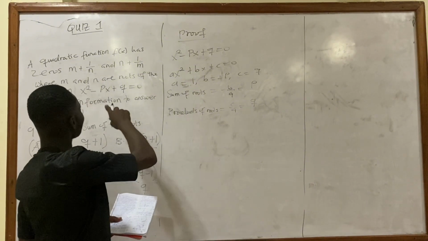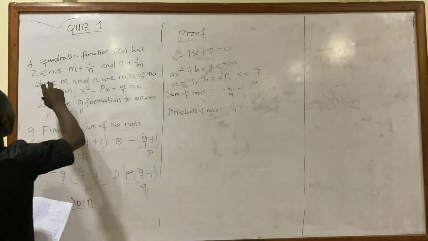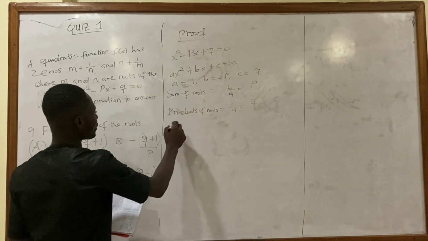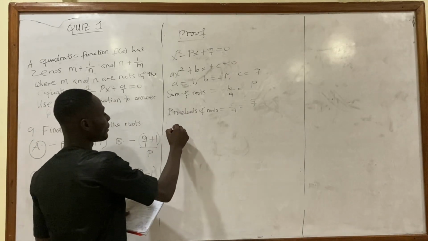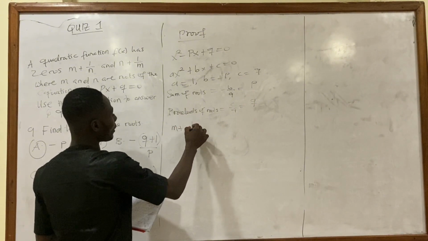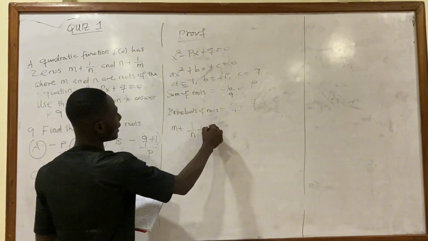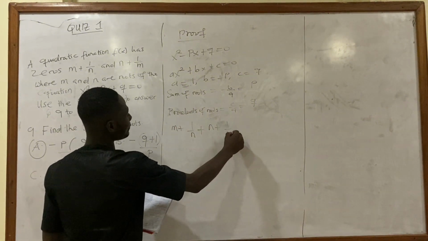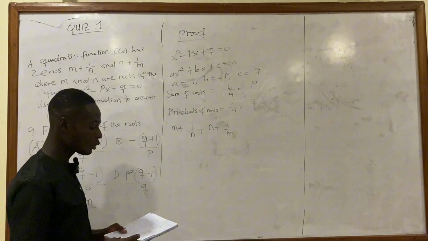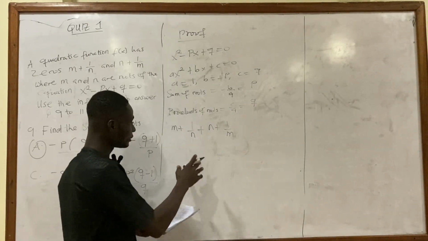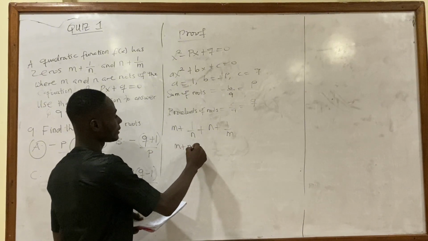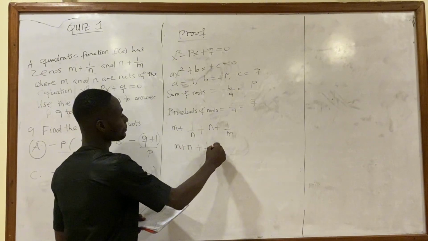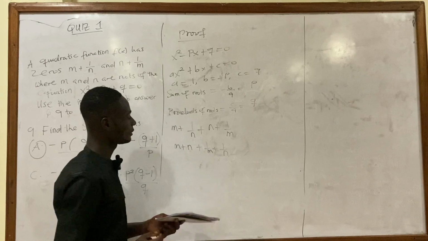They gave us the roots, the zeros, as m plus 1 over n and n plus 1 over m. So we find a new sum of roots, and that will be m plus 1 over n plus n plus 1 over m. Adding these variables, you have m plus n plus 1 over m plus 1 over n.